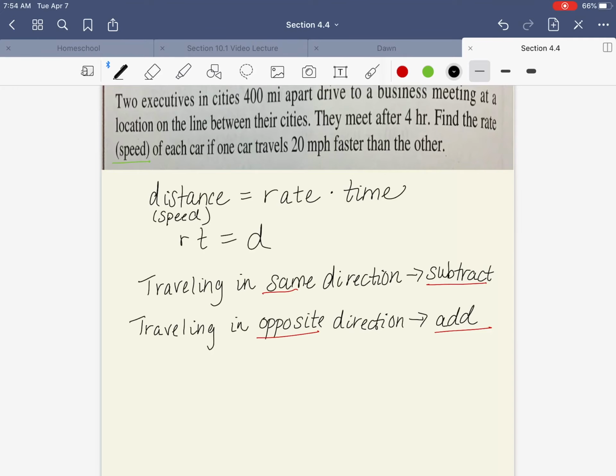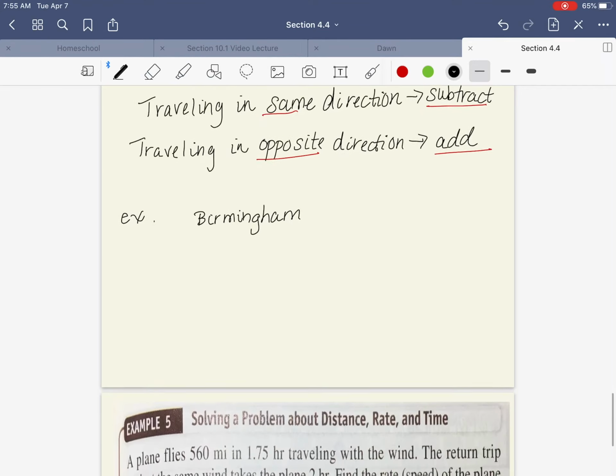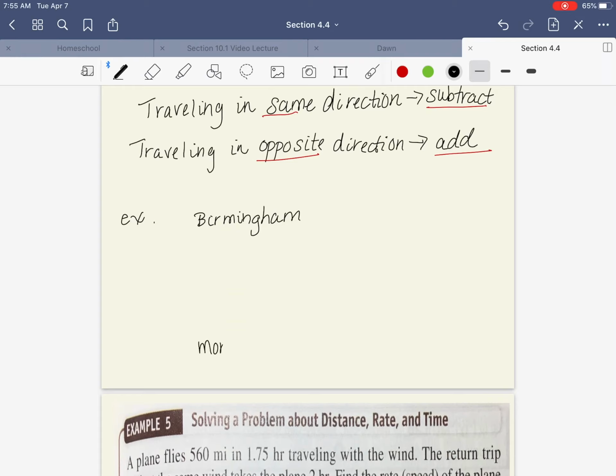Let me just give a little example before we actually do this one. Let's say you have two cars that want to meet in Prattville. One car is coming from Birmingham, and the other car is coming from Montgomery. And they're going to meet in Prattville.